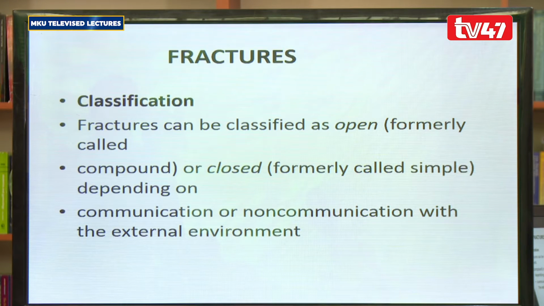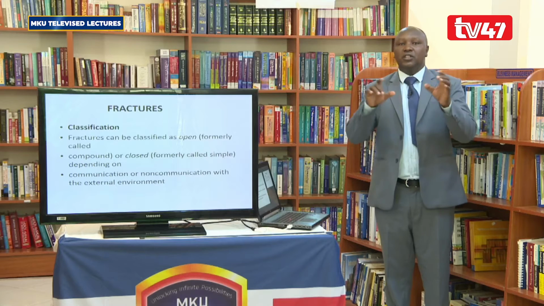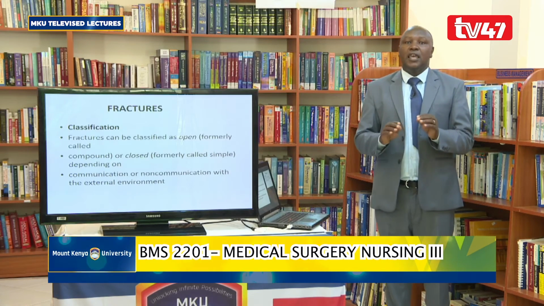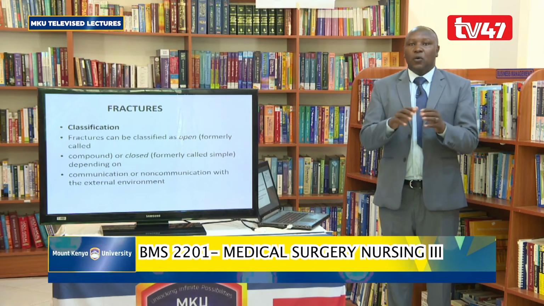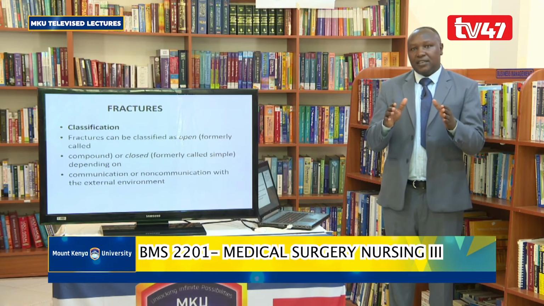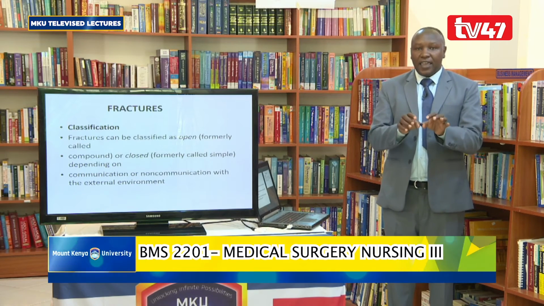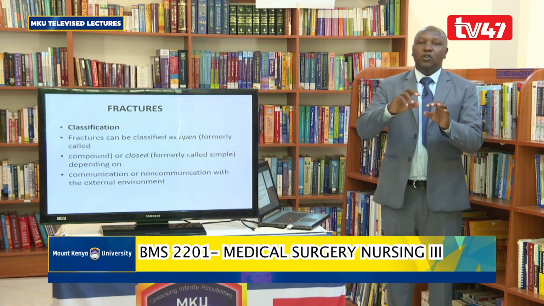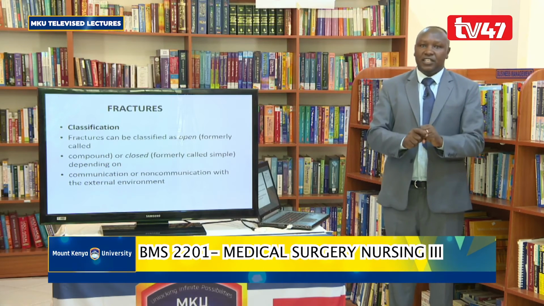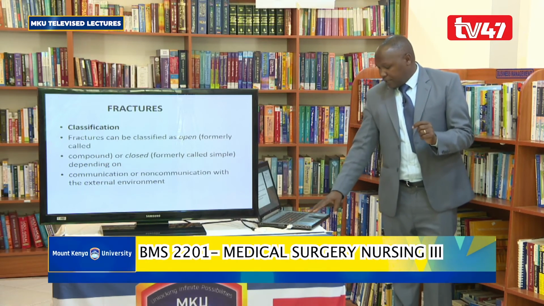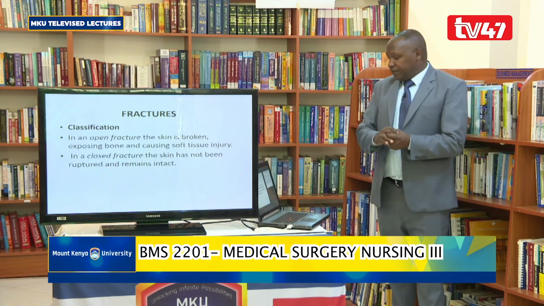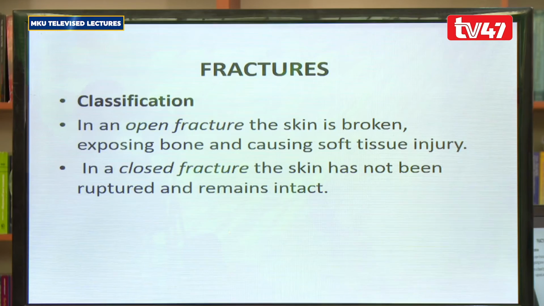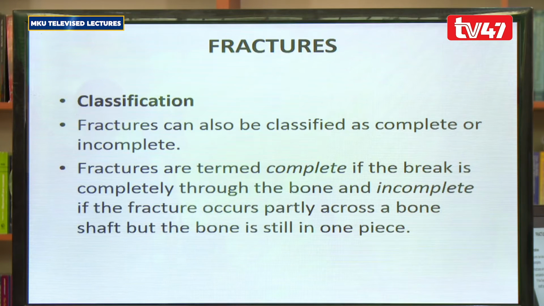In open fractures, there is communication to the external environment. The bone is protruding; you can see the bone. In closed fractures, the fracture is there, but there is no communication. It has not penetrated the tissue. That is what we call open and closed fractures.